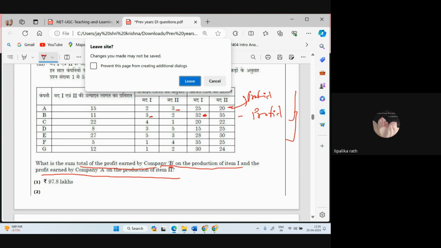Yes, sir, we're trying. Okay, just 2 minutes more and come up with the answer. The answer may not be accurate. You can answer like this, around 90 lakh, around 95 lakh. You don't need to go through the options. Just come up with the approximate value.